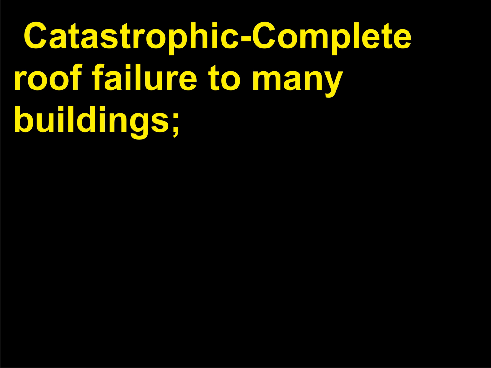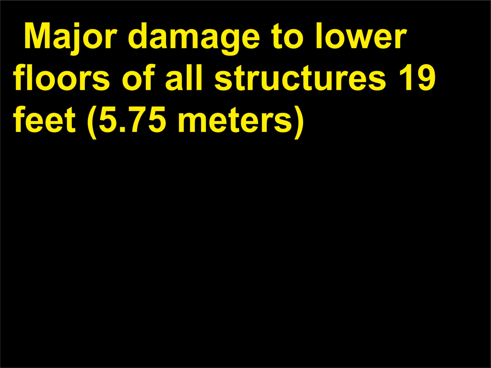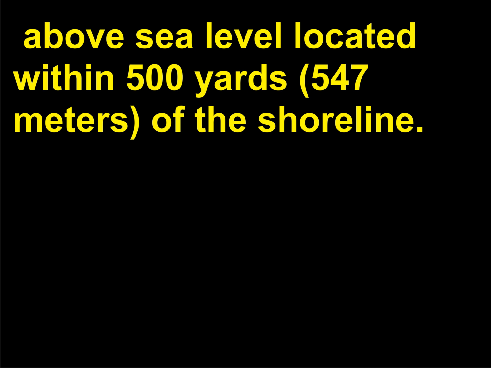Catastrophic: complete roof failure to many buildings. Some complete building failure, with small utility buildings blown away. Major damage to lower floors of all structures 19 feet, 5.75 meters, above sea level located within 500 yards, 547 meters, of the shoreline.